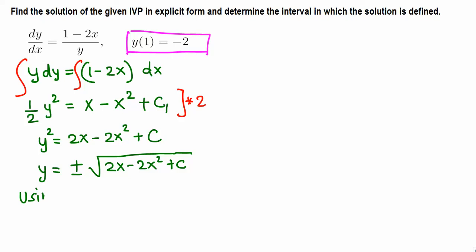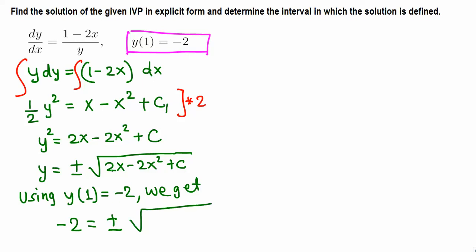So using y at 1 equals -2, we get y is -2 when x is 1. Okay, y is -2, so -2 equals plus or minus, we will choose the sign, square root of 2 times x. x is 1, so 2 times 1 is 2, minus 2 times 1 squared, again 2, plus c.